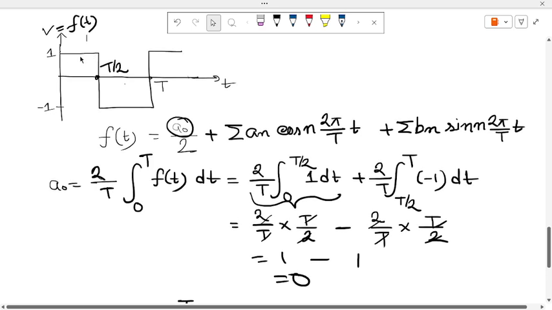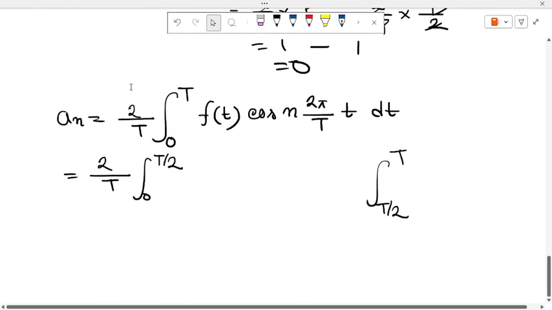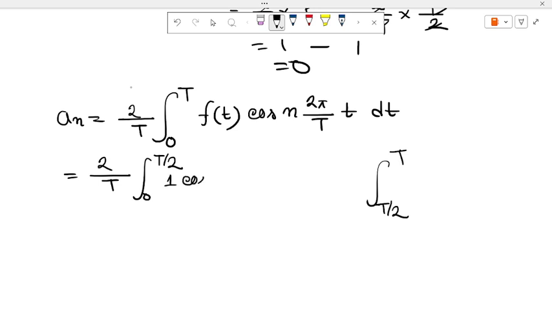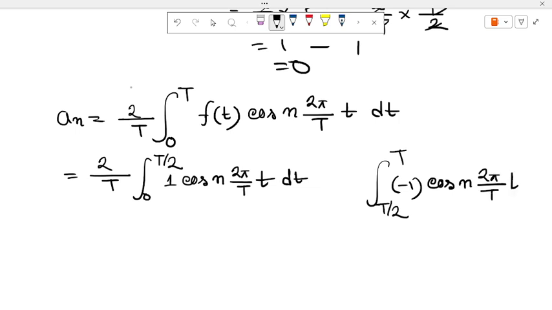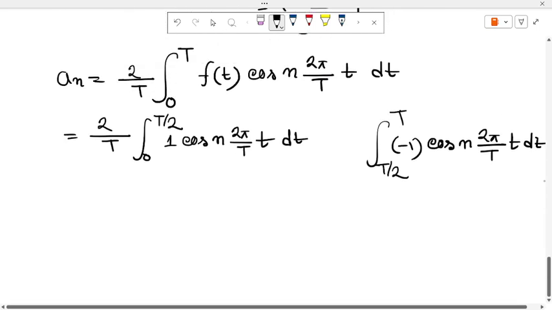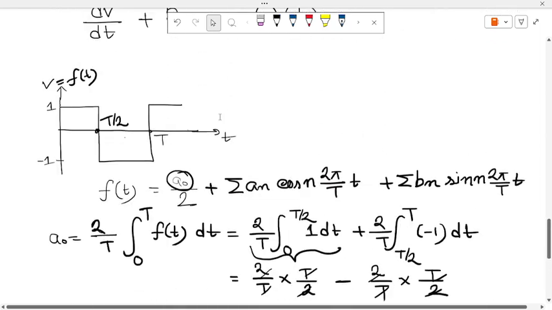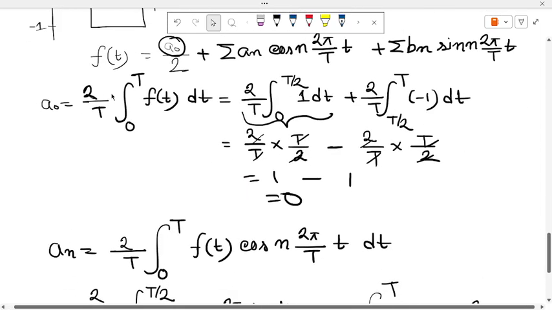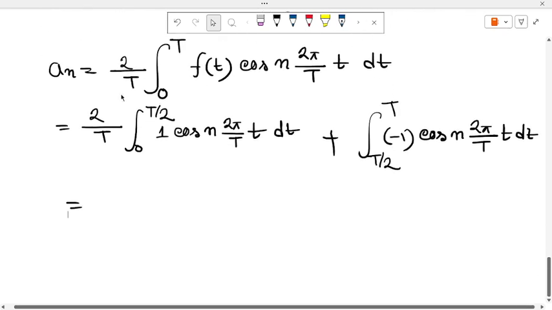So f of t is equal to 1 in this region, so 1 cos n 2 pi by T t, then this is -1 cos n 2 pi by T t dt. I think this is also equal to 0, so let's see how it is actually equal to 0.